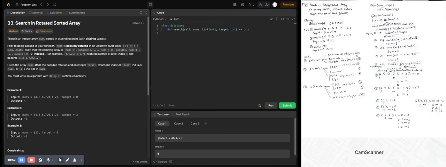Once we know the mid value, we have three possibilities. One is the left is less than mid and mid is less than right. The second one is, if it is shifted, then it's possible that the left is less than mid, but the mid is greater than the right.